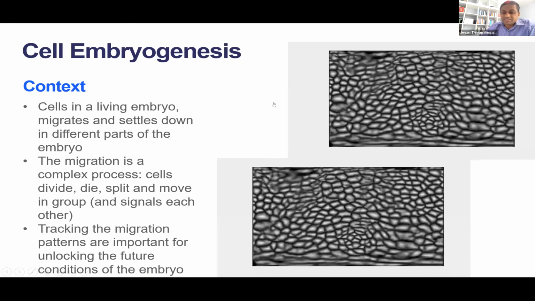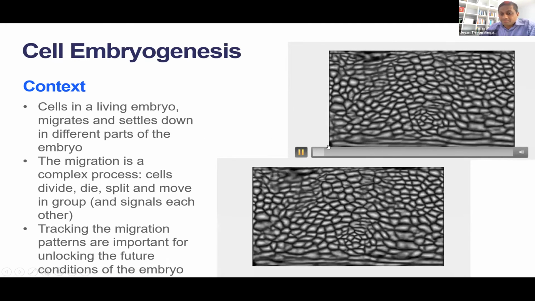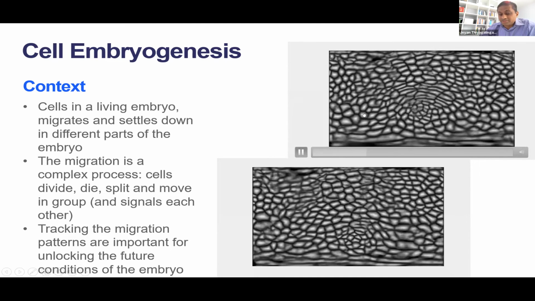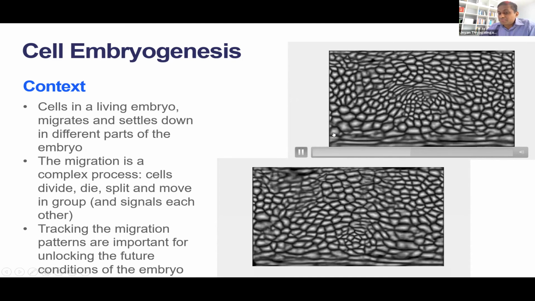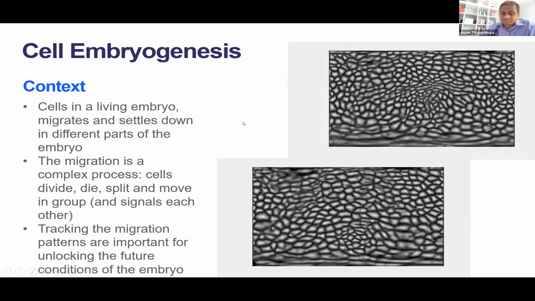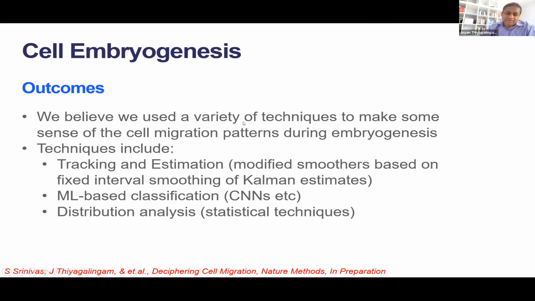If I go back to the previous cells here, perhaps some of those cells could be far away, but they are moving by signaling through the other cells. We have done that, and on top of it, we have applied some machine learning techniques and then statistical analysis. That is a very good story for us in terms of bringing a broad range of techniques which are not familiar to other biologists.